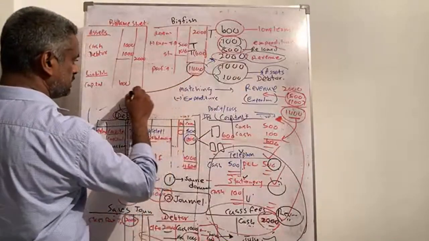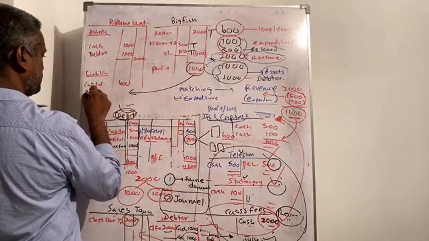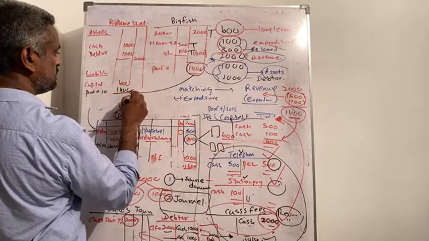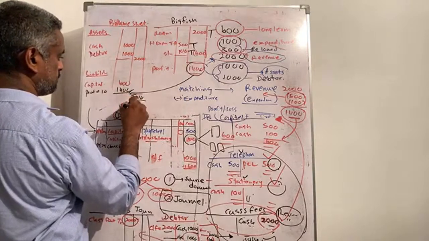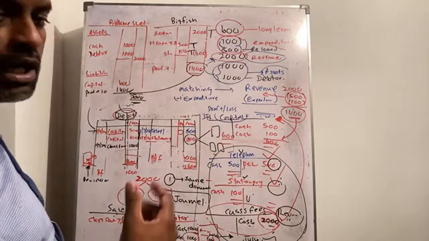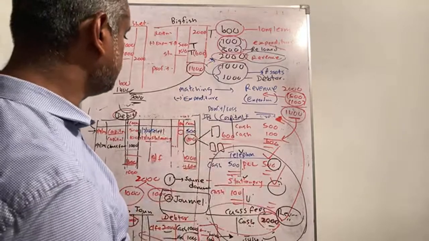Then that will go to the balance sheet, profit and loss 1400. Then the balance sheet will tell 2000 rupees. That is the process of accounting. That is the process of recording transactions, right?